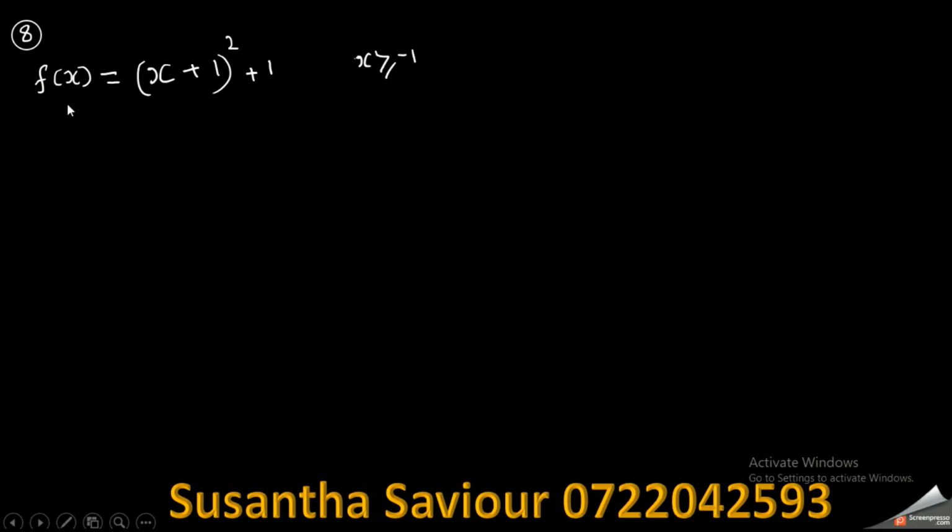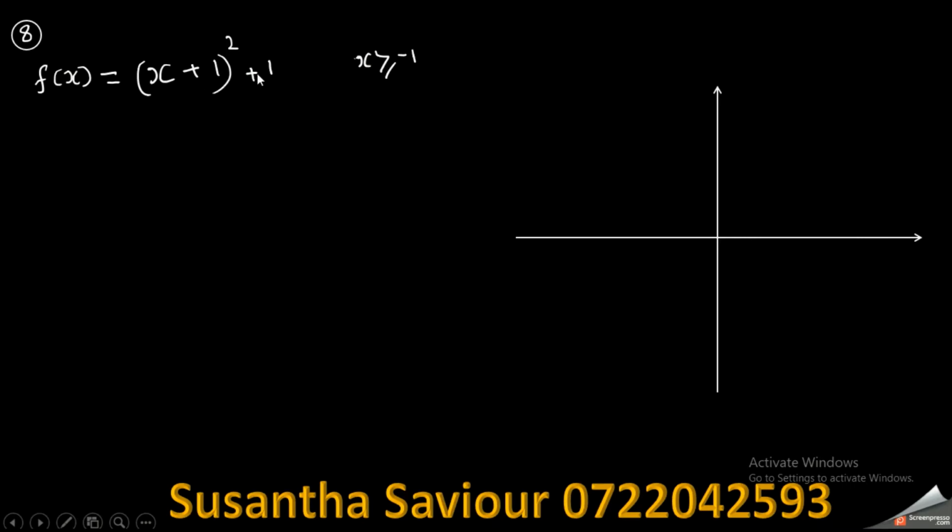Here the function is f(x) equals (x plus 1) squared plus 1, where x is restricted to be greater than or equal to minus 1. So only one side of the function is there. So we will try to sketch this one now.